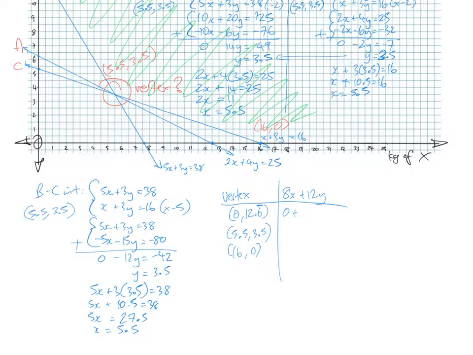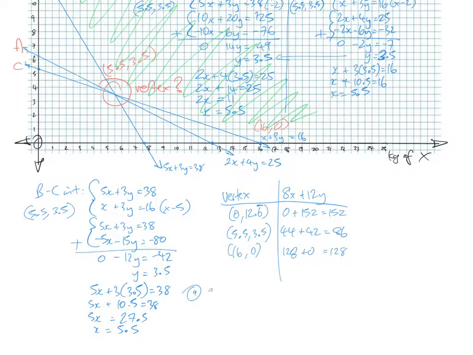Times that by 12 is going to be 152. 5.5 times by 8 makes 44. 3.5 times by 12 makes 42. 42 plus 44 is going to be $86. That looks lower, so that's closer to our optimization. 16 times by 8, 128, plus 0 is going to be 128.